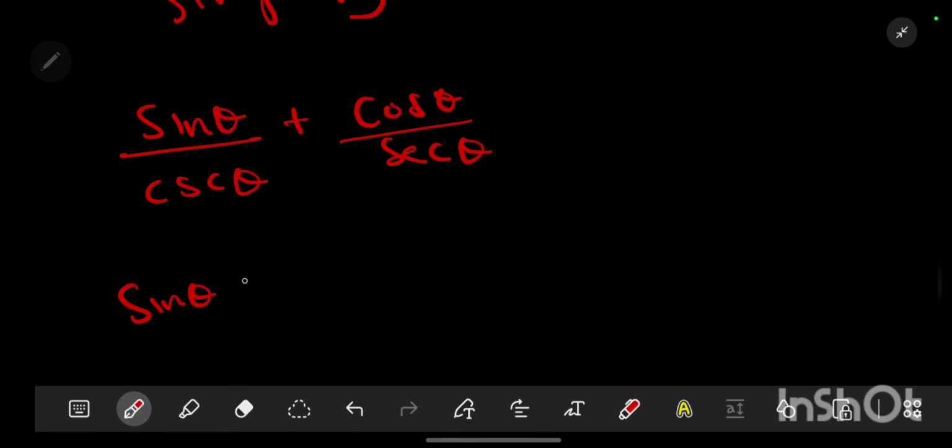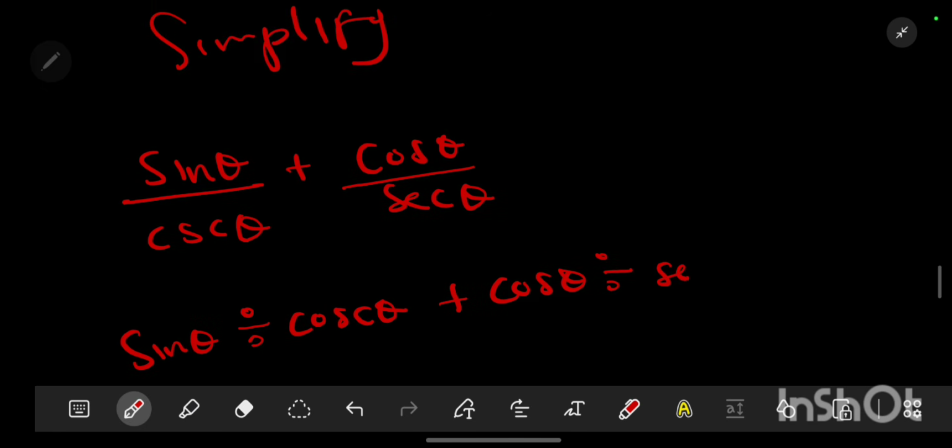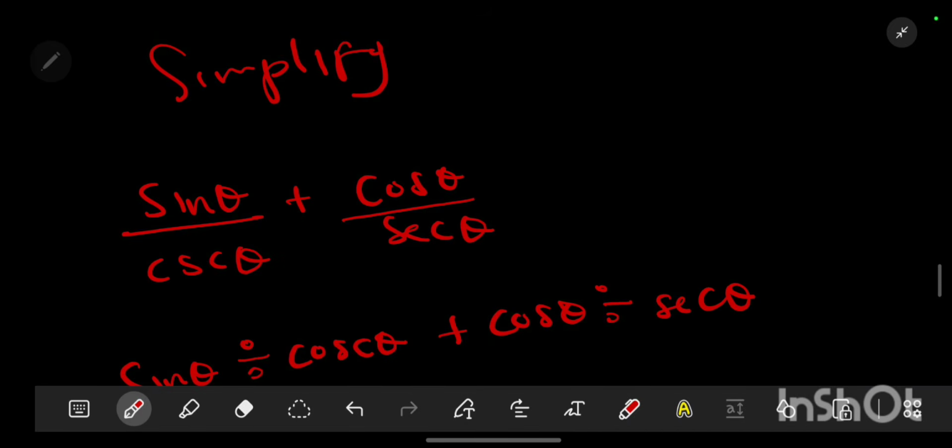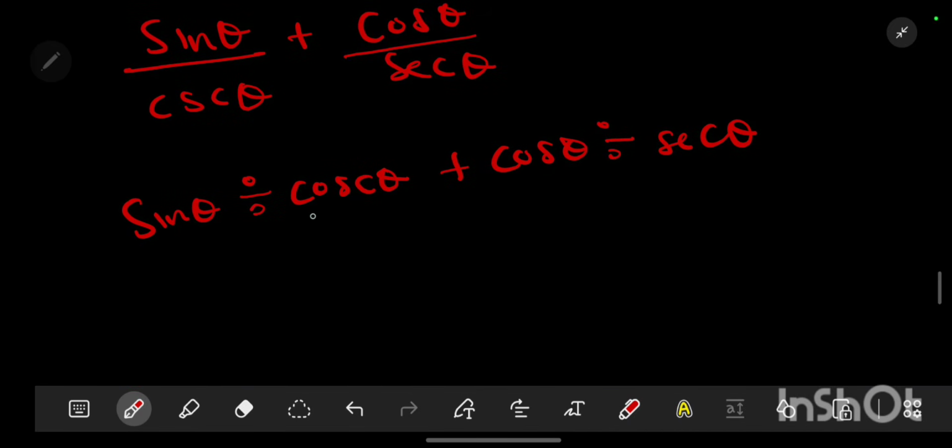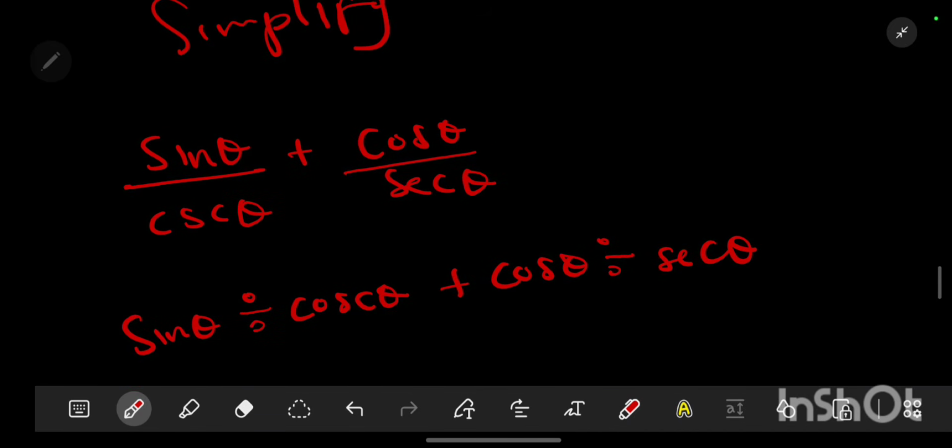sine of theta divided by cosec of theta plus the cos of theta divided by our sec of theta. With this said, because we know that sec stands for something, it's better we do it like this.